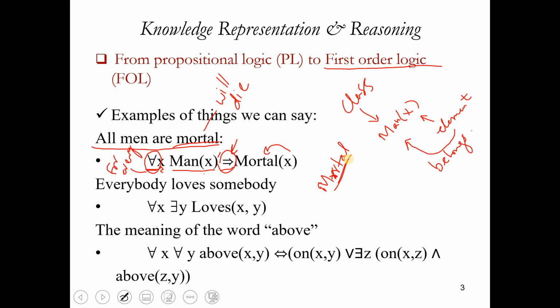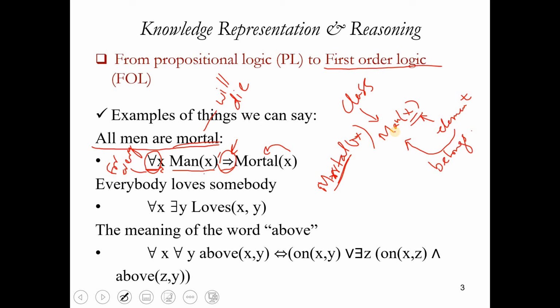Here you define functions or classes, and you define the meaning of those classes also. So here the mortal class means that they will die. So all the members of this class will die. So we just say that x belongs to this class. That's it. So we say that if x belongs to man, x belongs to mortal. Okay, so think over it. If you are not clear, make sure you ask questions at this step.